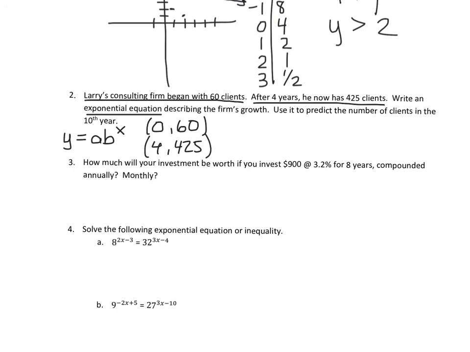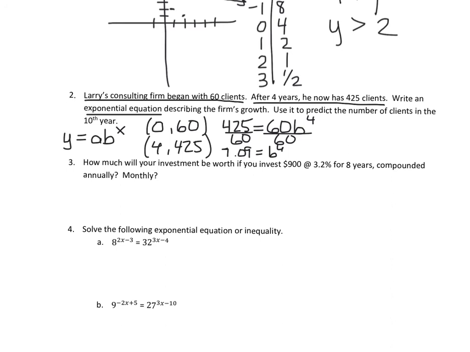Therefore, plugging in 60 is my a value. b I don't know, but I know when x is 4, it would equal 425. And then I'm going to divide by 60 to both sides. I'm trying to solve for b. b to the 4th would then equal, I believe, 7.09 approximately.